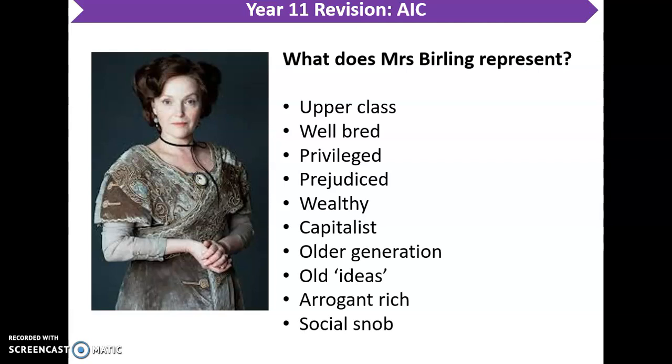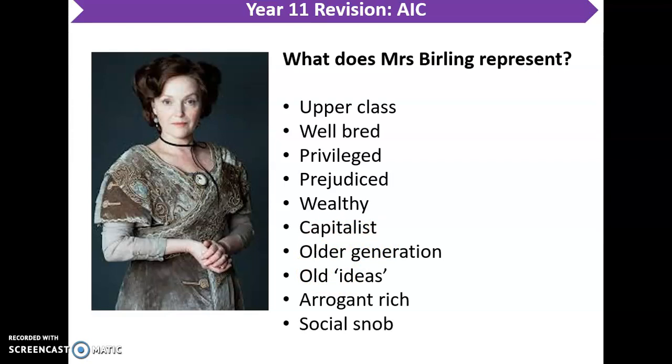She's upper class. She's from a well-bred old family. Because of her wealth and her social position, she is very privileged. She's also very prejudiced. She judges people, particularly people in the working class. She's wealthy. She's married to a capitalist, and the family are very orientated towards making money.